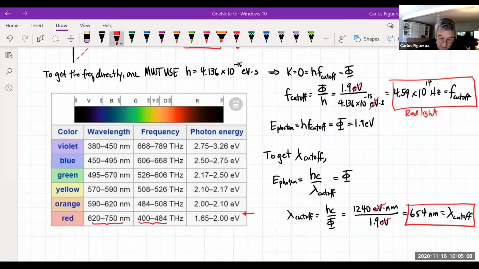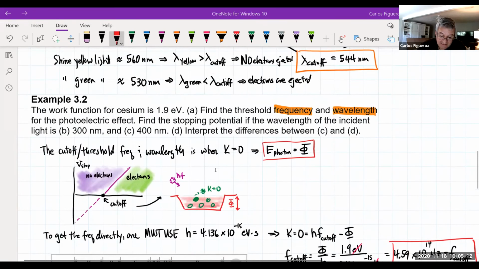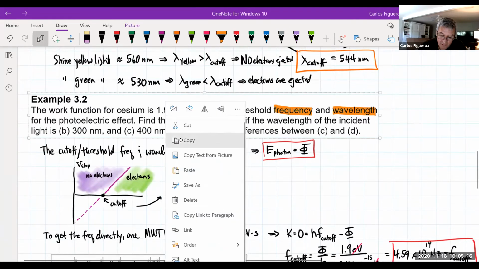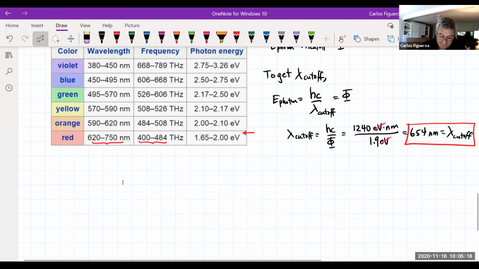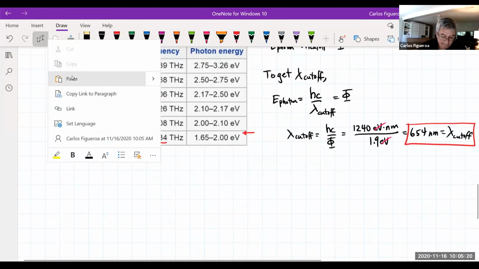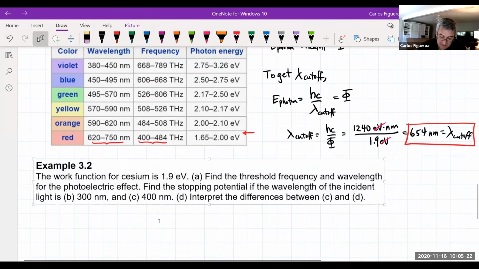So the question then asks what? It's asking, find the stopping potential if the wavelength of the incident light is 300 and 400 nanometers.